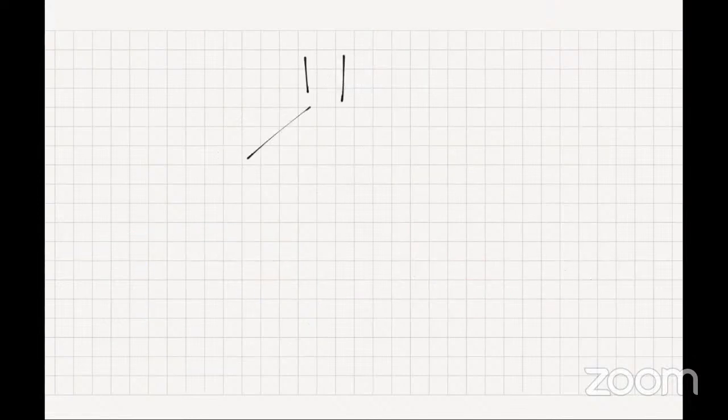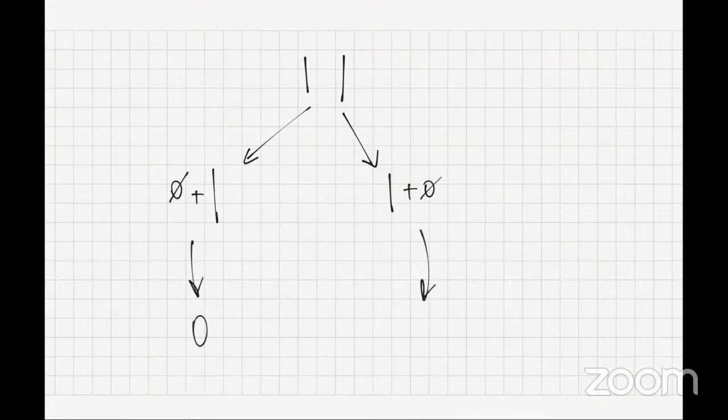If you had to draw the game tree for this one, you could either empty out the left pile as the current player, so you'd be left with an empty pile plus a stick in the right pile, or you could empty out the right pile, in which case you have 1 stick plus an empty pile. And from here, of course, both of these games end in an empty game. Those are the terminal nodes.